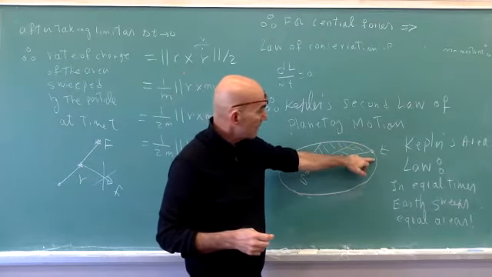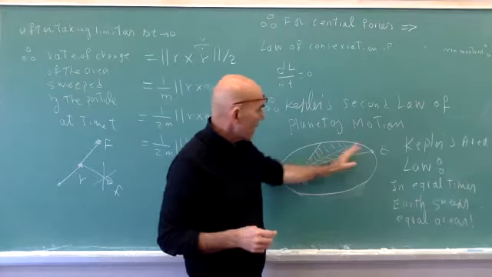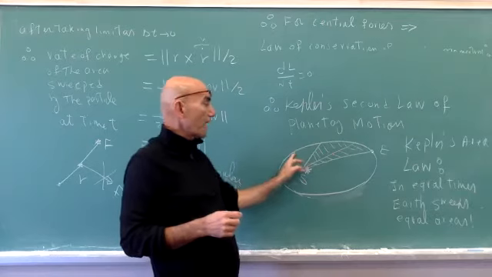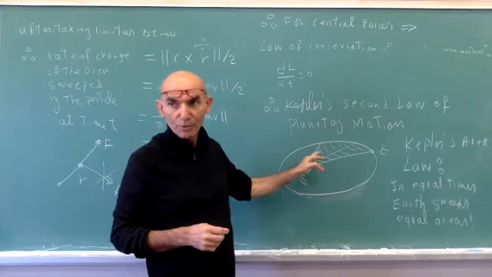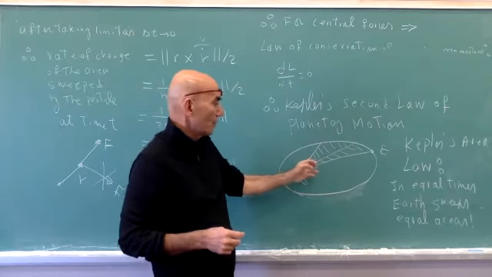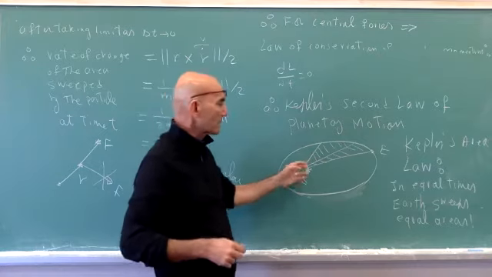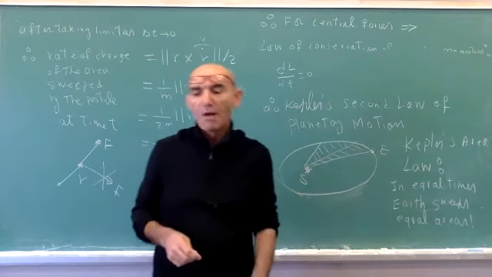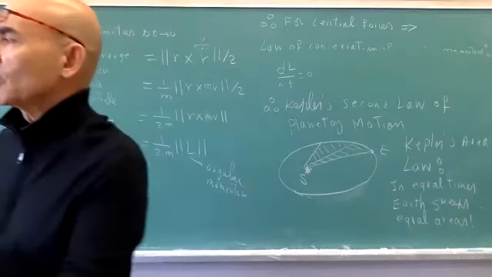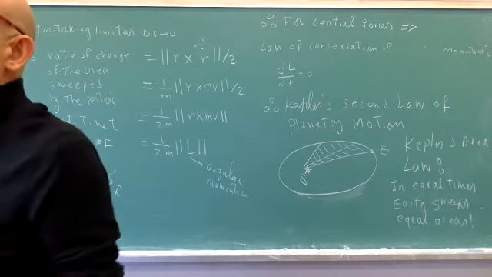So when it's down here, it should move slower, but when it's here, it should move much faster so that it covers equal areas as when it's closer. So when we are closer to the sun, we are moving faster; when we are farther away from the sun, we are moving slower. Of course, you might say this is almost obvious because we are under the force of gravity of the sun.